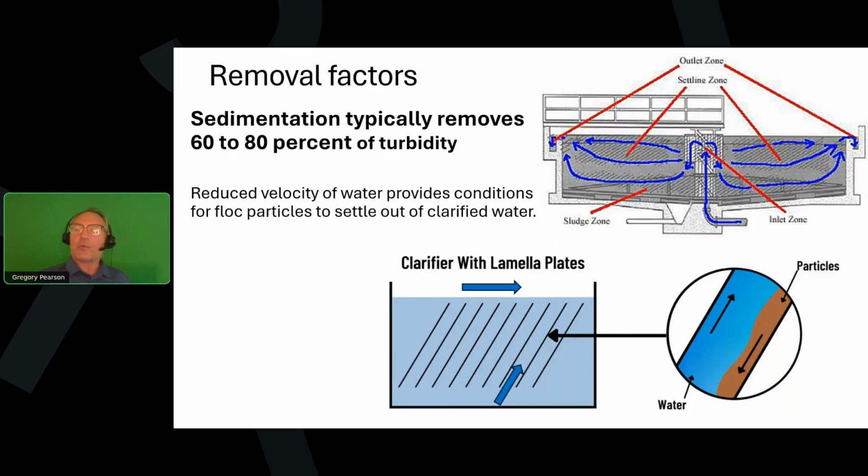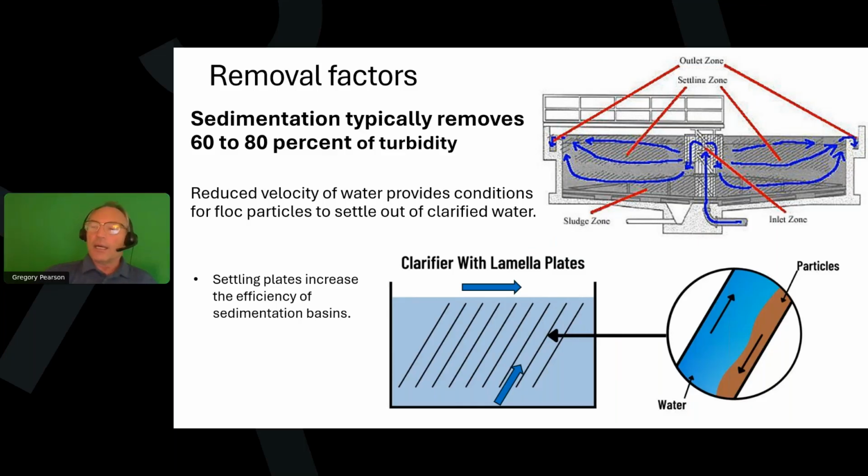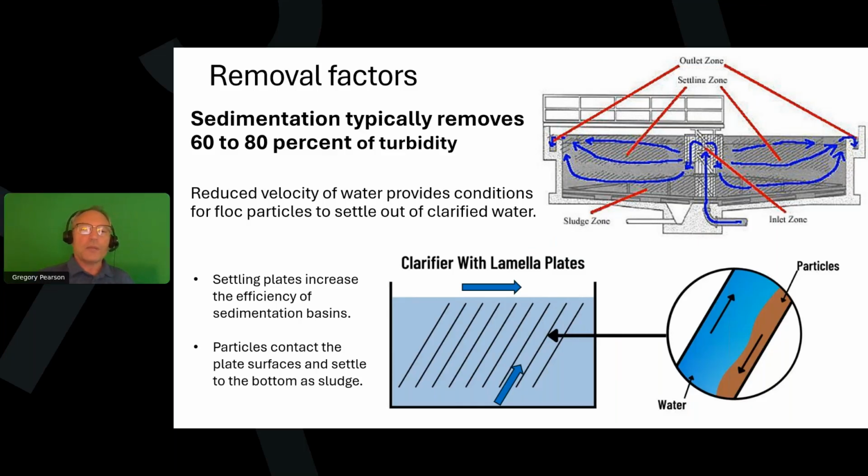And when it comes in contact with a plate, the solids are made to settle out earlier than they normally would. It increases the efficiency of the sedimentation basin. A lot of times I see it explained as it increases the surface area of the sedimentation basin, but as the particles run into these plates, they lose their velocity and they settle out.